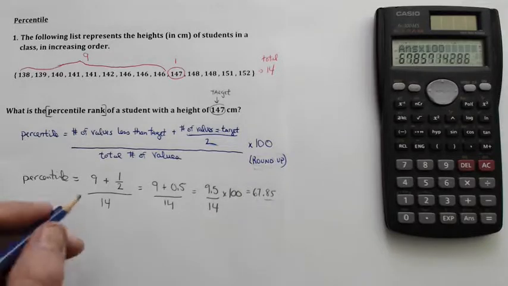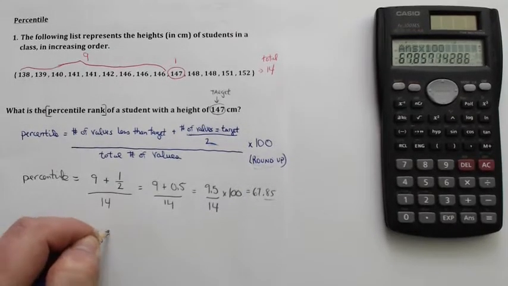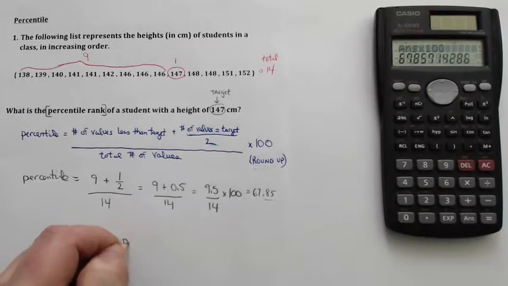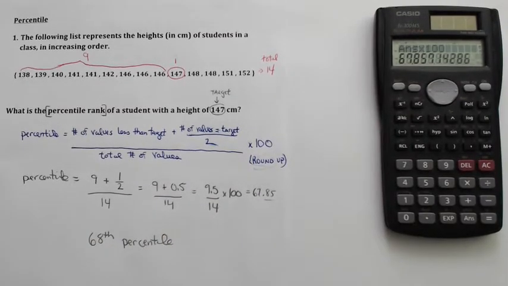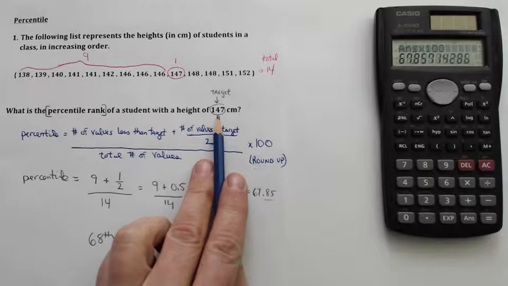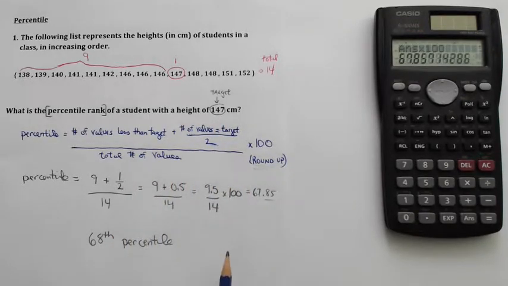So in this case, this kid would be in the 68th percentile. So if you're a kid who's 147 centimeters tall, you are taller than or equal to 68% of the kids in your class.